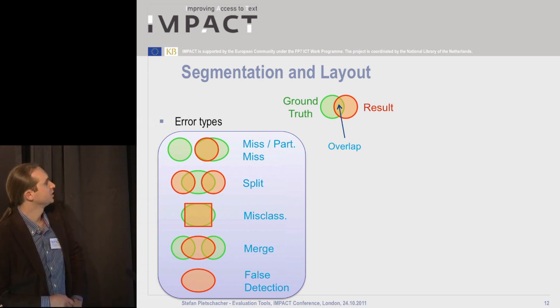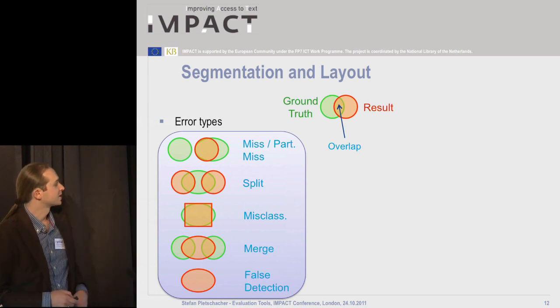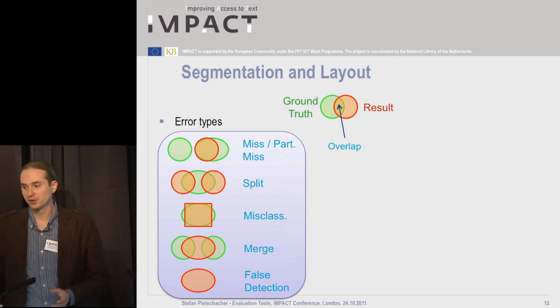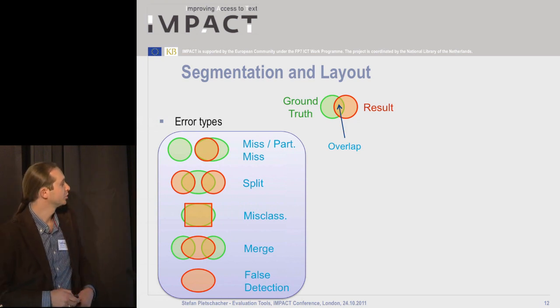Slightly less severe would be partially missed regions. So that means some part here of the ground truth is not overlapped by some segmentation result. Another type of errors would be split. That means we have one region in the ground truth and the result is two or more regions in the segmentation output.